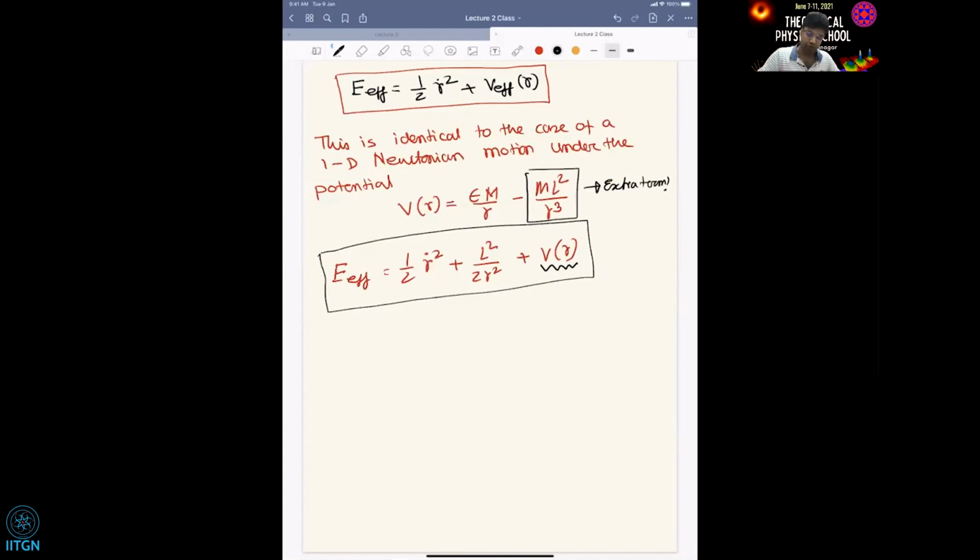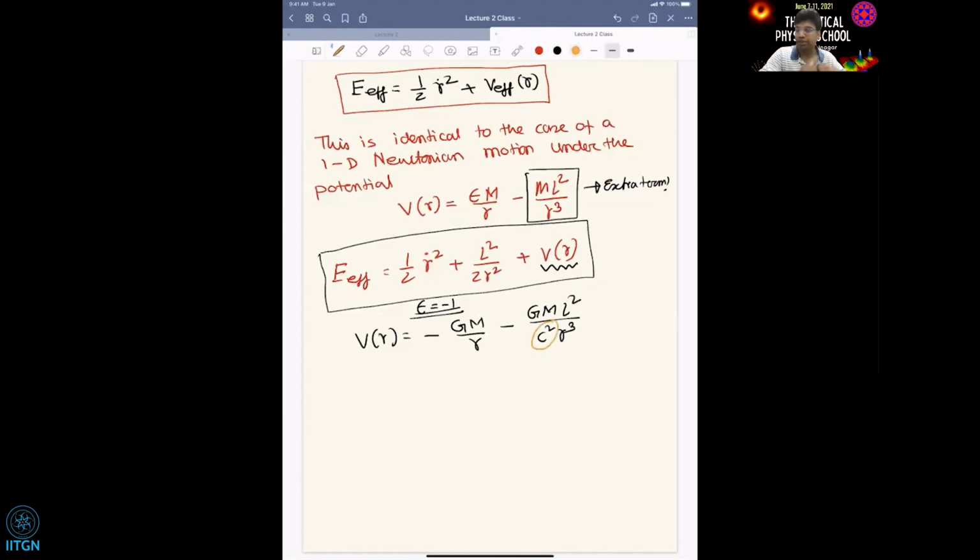Let us now bring out G and c in the effective potential and see how the potential V of r looks. For the case epsilon equal to -1, the time-like case, the usual planetary case, this will look like Gm by r minus Gm L square by c square r cube. I'll explain in the next class why the c square comes. Note the appearance of c square.